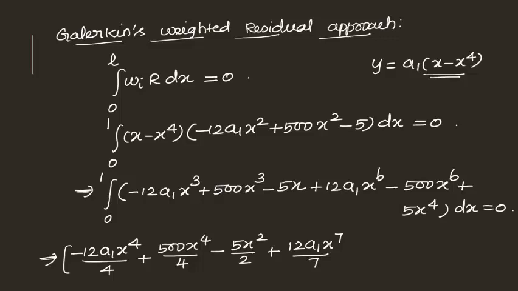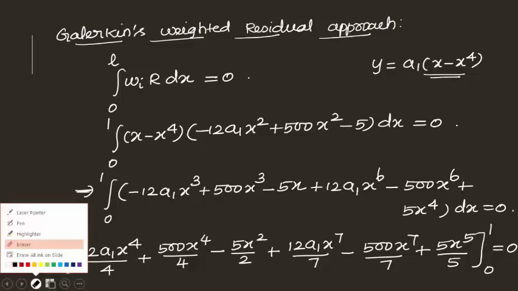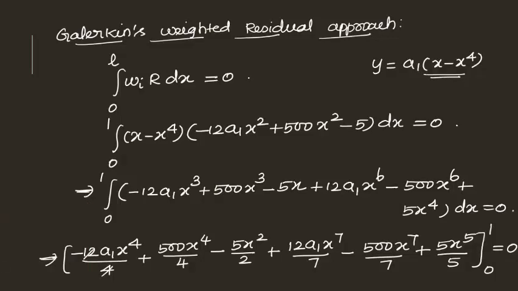For the fifth term 500 x power 7 by 7. For the sixth term 5 x power 5 by 5. The limits are 0 to 1. This is equal to 0. In the next step, we can substitute the upper and lower limits. Here, this 4 and 12 can be simplified like this, and this 5 and 5 can be cancelled.